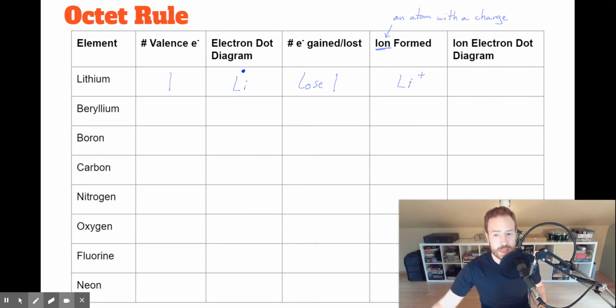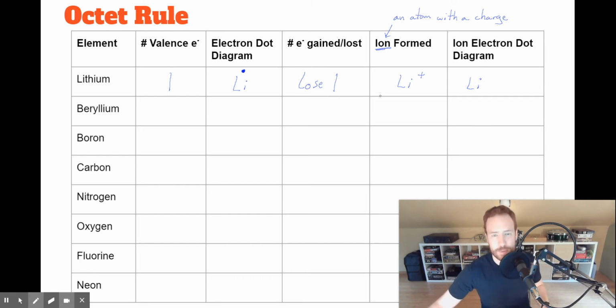Lithium, therefore, is most likely to form a plus one ion. We're learning lots of stuff at the same time. And if you want to draw an electron dot diagram, generally you would just draw that. No valence electrons, because it lost its valence electron. Although technically, maybe it has a full shell of electrons, but let's stick with this for now. It has lost its valence electron, right?